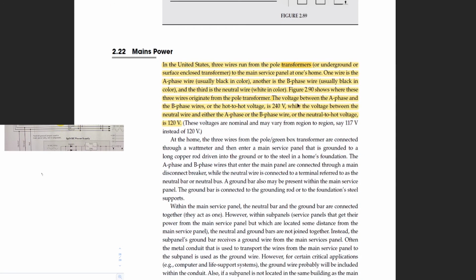So what did we last read? We read that for mains power, you've got three wires that enter the home. So you've got A phase, B phase, and neutral.